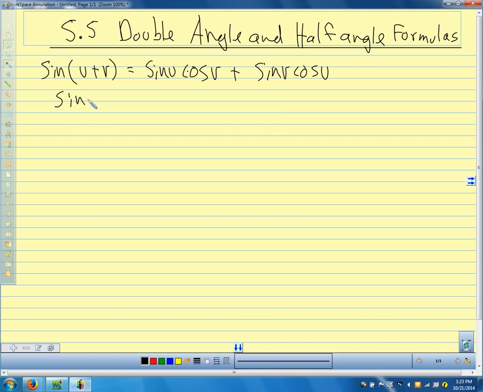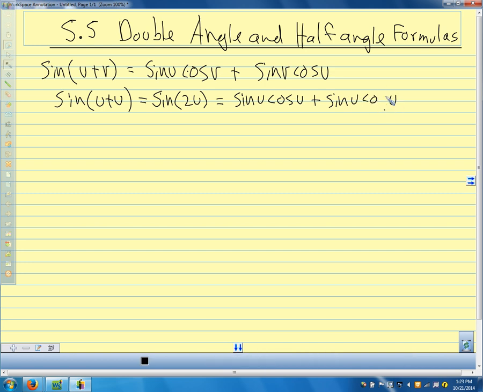So sine of u plus u, which is the same as sine of 2u, and I get sine u cosine u plus sine u cosine u. We have two of these, so that's 2 sine u cosine u. So our first double angle formula: sine of 2u equals 2 sine u cosine u.